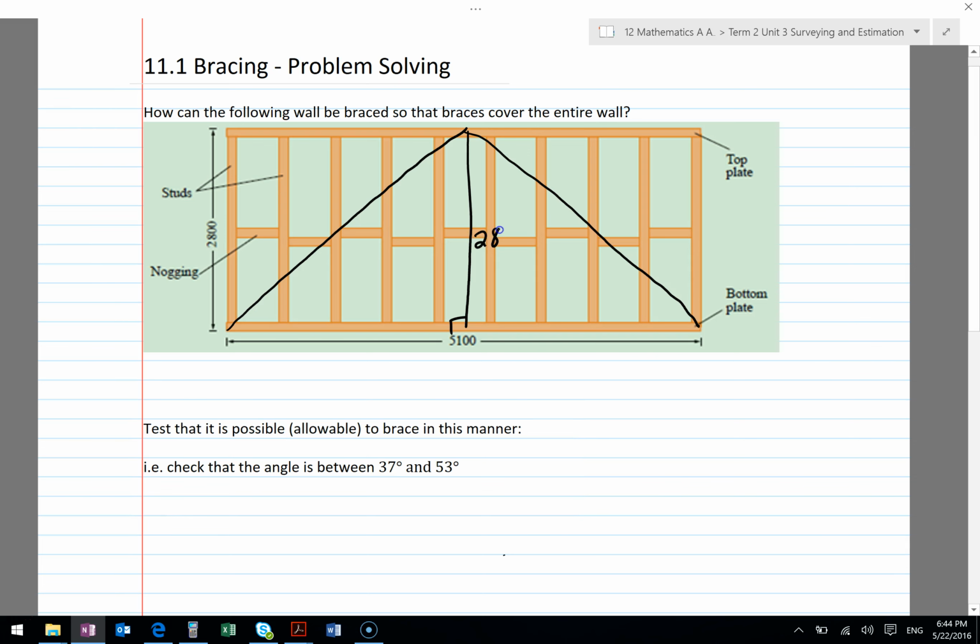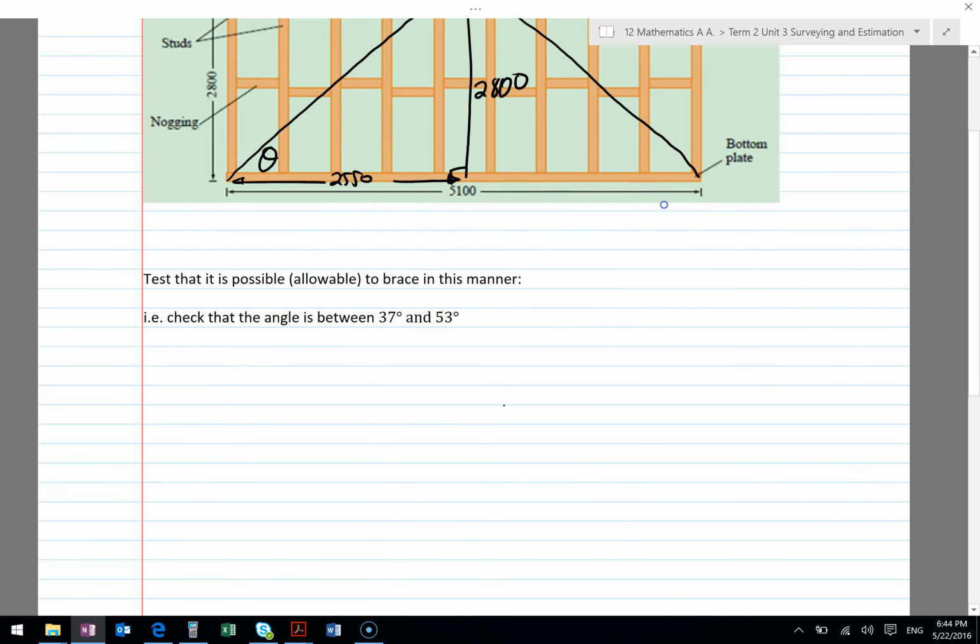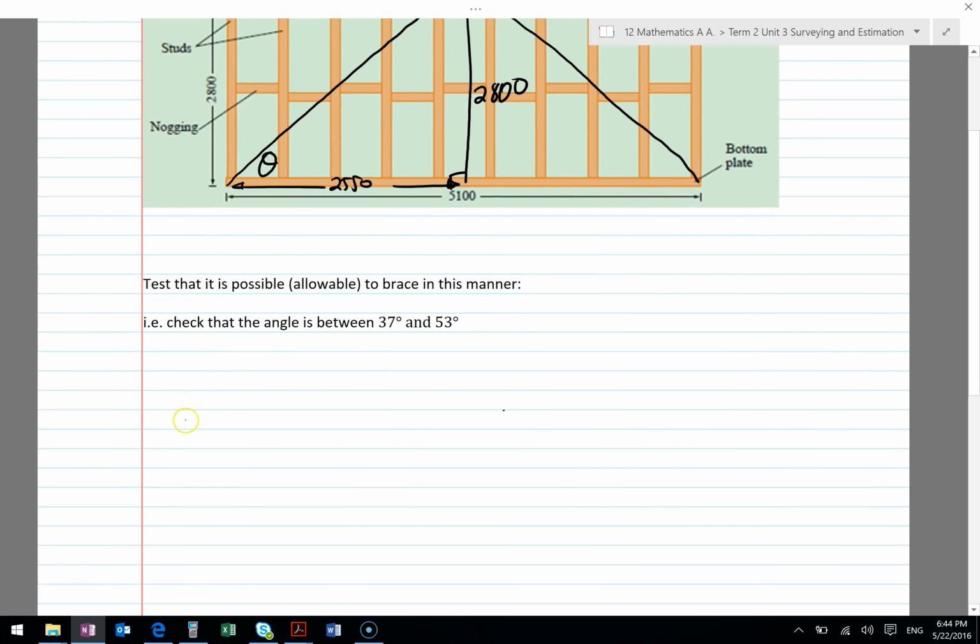This height is 2800. I'm checking this angle theta, and I know this distance will be 2550. So I'll draw my diagram just so it's outside of all of that detail. Unknown angle theta, 2800 and 2550.